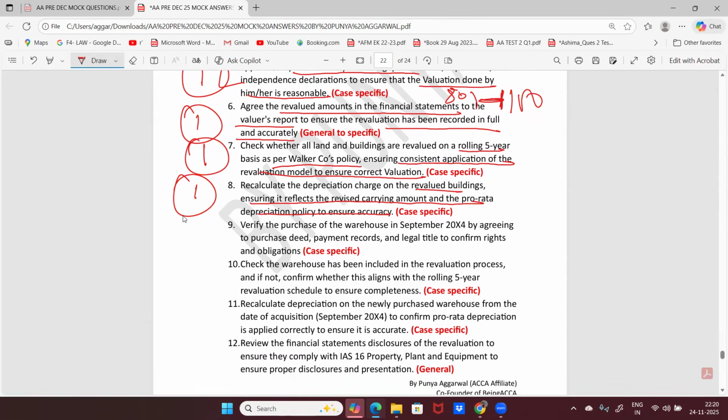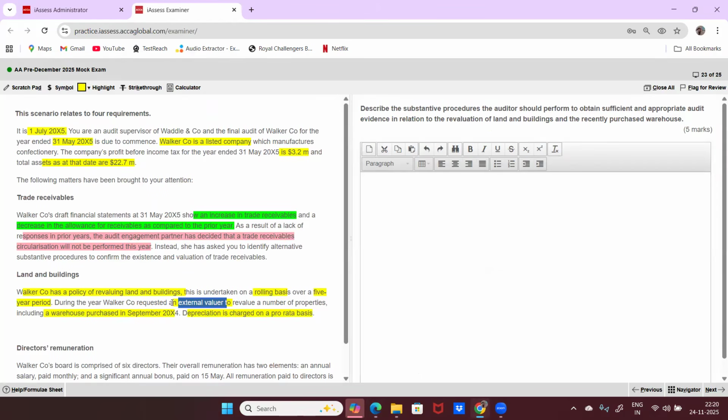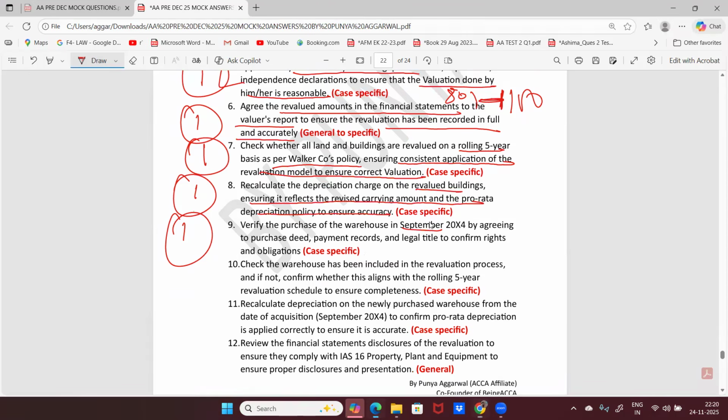So again, I'm going to recalculate my depreciation for your revalued buildings, for your warehouse, the actual amount that should be done on the pro rata basis to ensure that it is accurate, right? Next one, verify the purchase of the warehouse in September. The case told us we purchased in September 2024, so I'm writing that, by agreeing to the purchase deed and payment records and legal title to confirm rights and obligations.